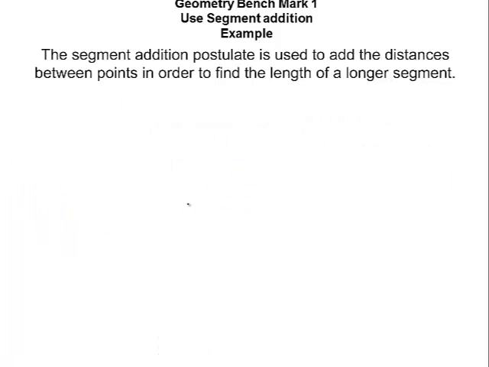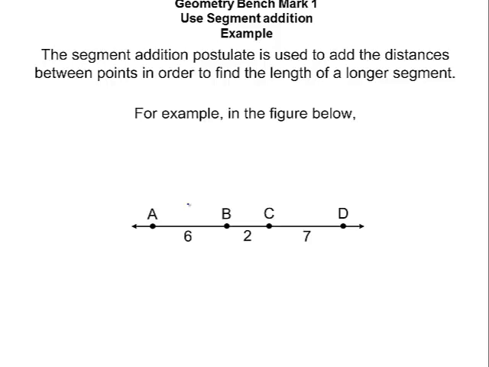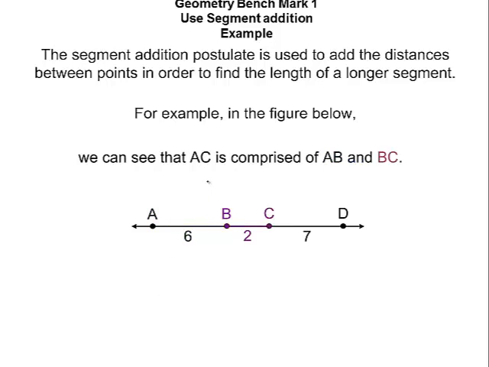Okay, we can use the segment addition postulate to add distances. So I got this figure here, and I want to say AC. AC is AB and BC. So I add them together. And so AC is equal to AB plus BC, 6 plus 2, 8.